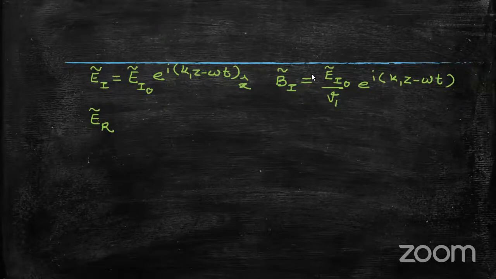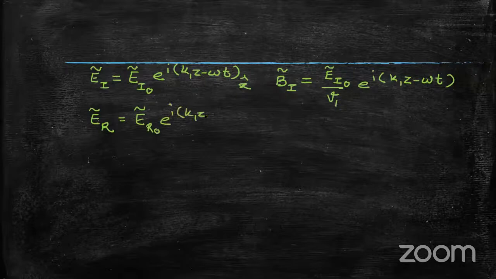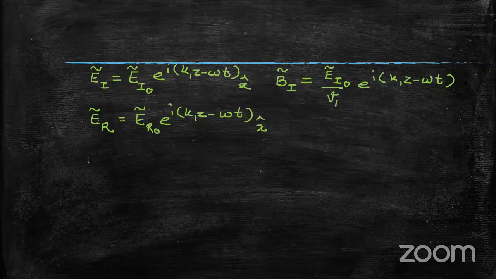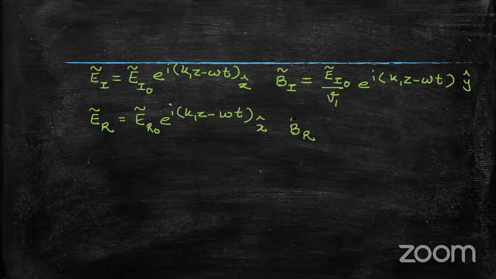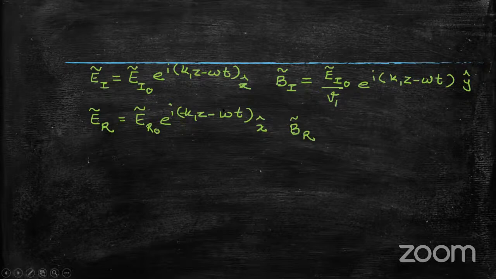Okay, so we got ER also. ER will be ER0 e raised to i(K1 z minus omega t) x cap. And for B, we should put a minus sign, because it is in the opposite direction.